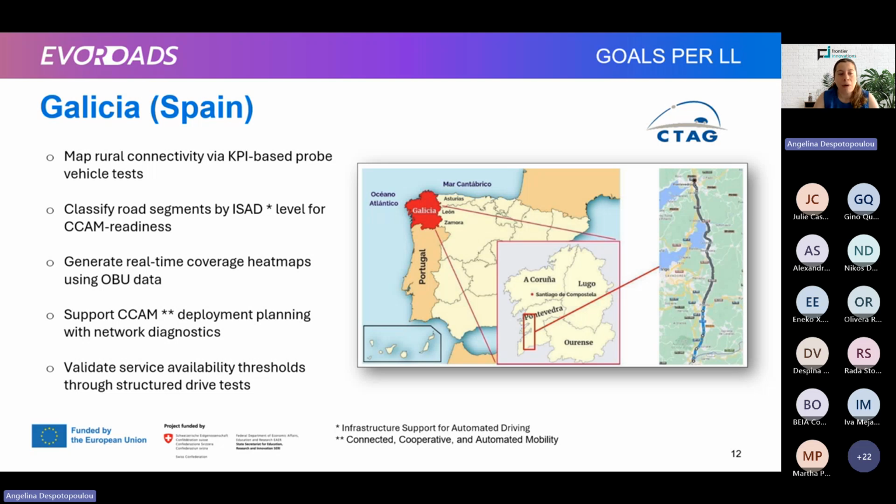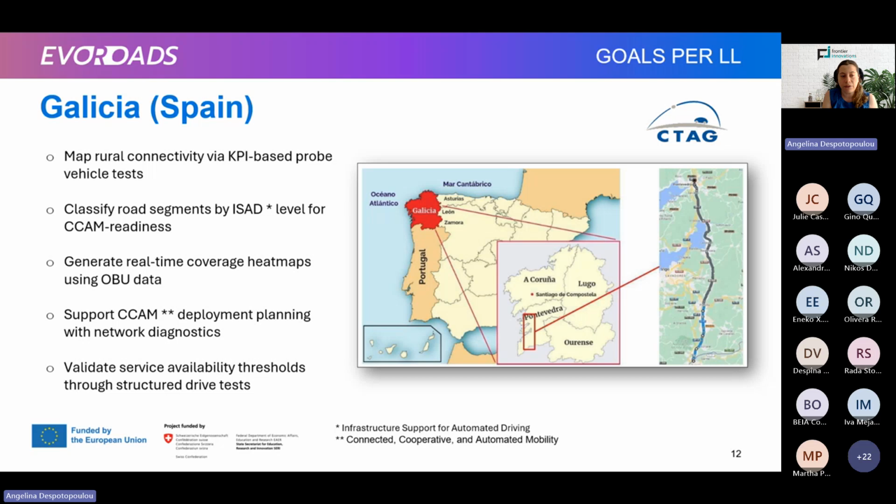They will be trying to map rural connectivity via KPI-based probe vehicle tests. They will have, in other words, cars equipped with a driver who acts as the actor. And those cars will have sensors in order to collect data on the goals I will be mentioning.